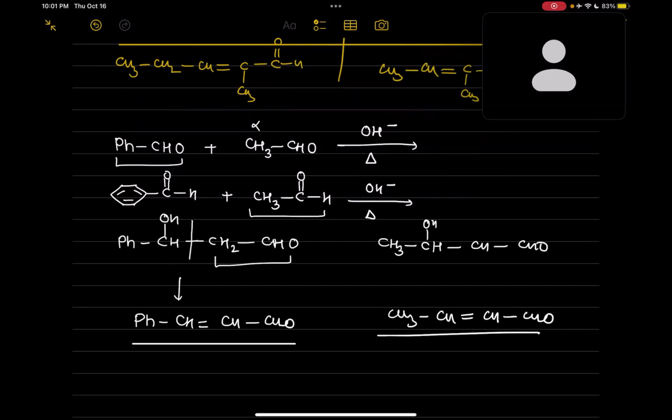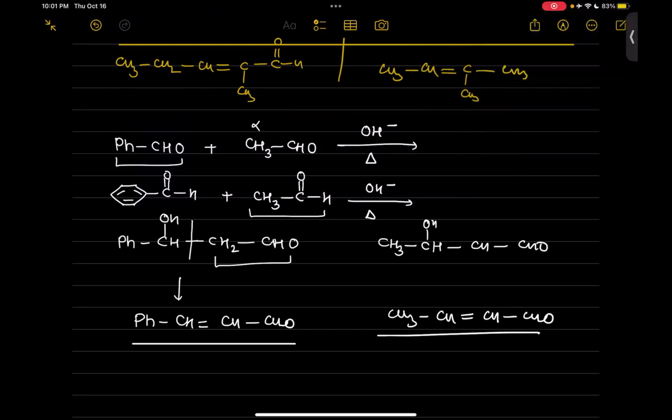So this is clear, and then we have aldol, where alpha hydrogen is important. In case of benzene, even if heat is not given, you can make the double bond. Alpha hydrogen is a must, that we have seen.